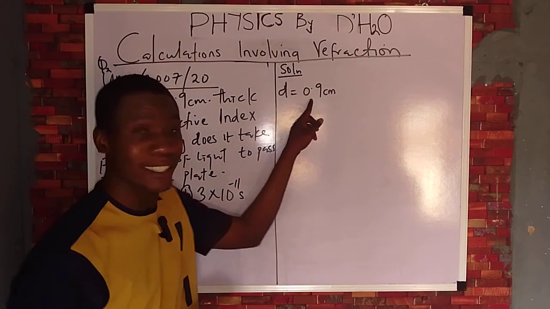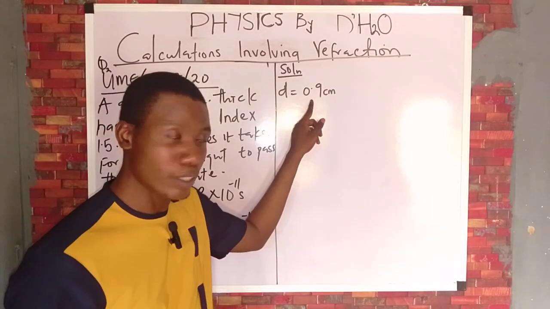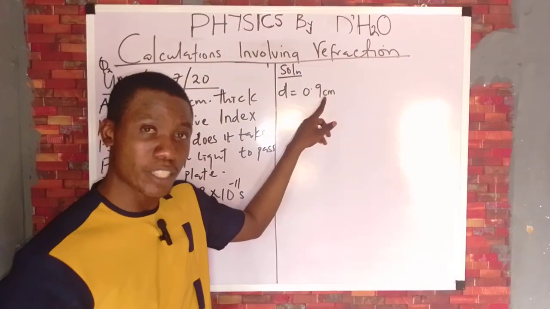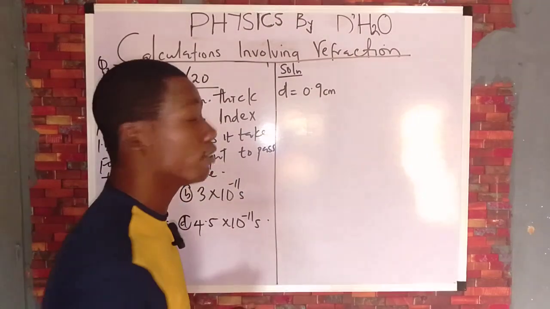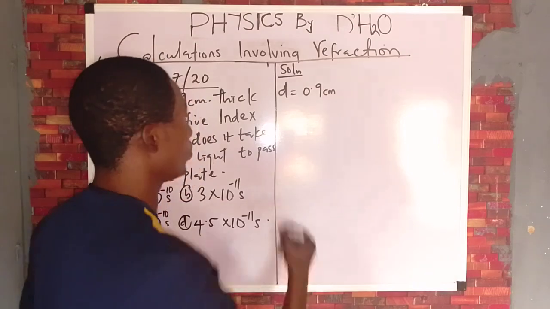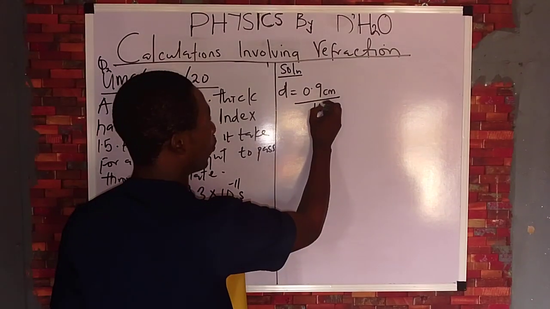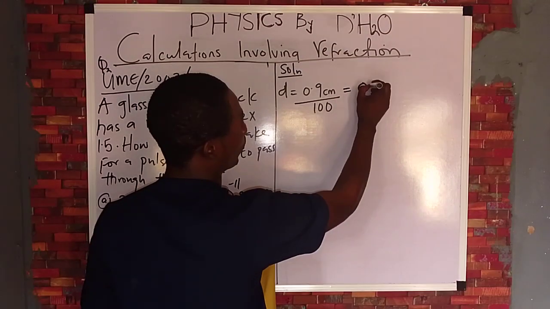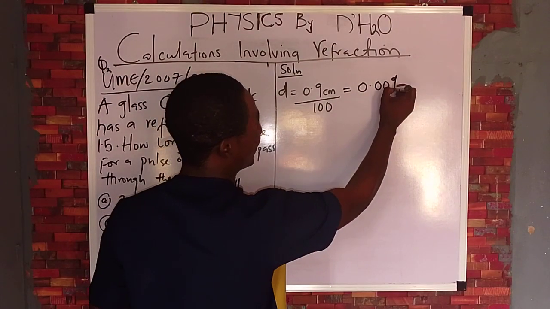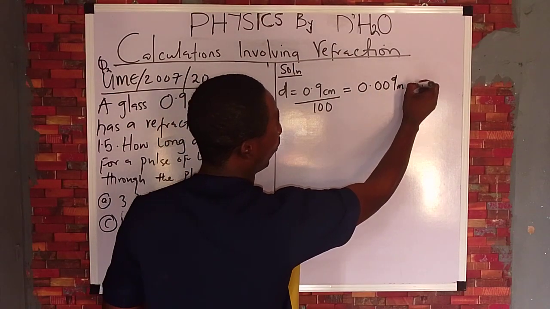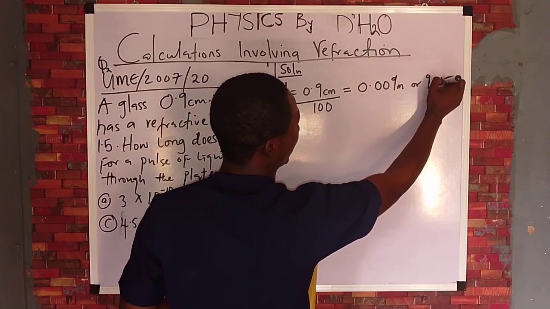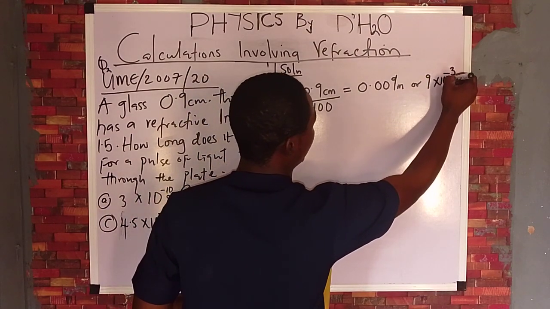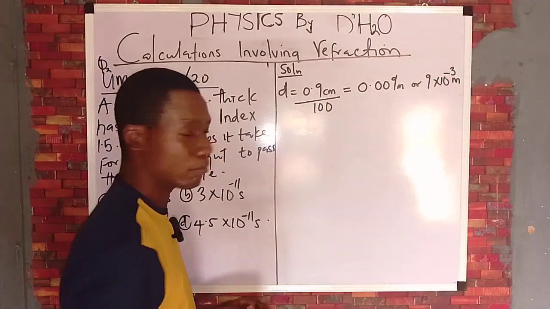So we have to divide this value by 100. Don't forget, if you want to convert from centimeter to meter, you divide your value by 100. So we divide 0.9 over 100, and that is likely to give us 0.009 meter, or 9 times 10 raised to the power minus 3 meters.